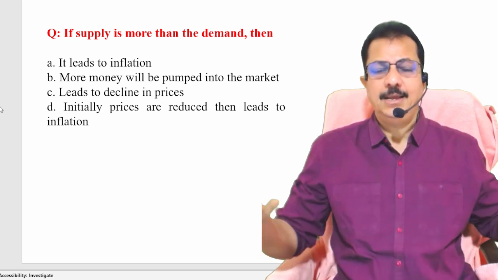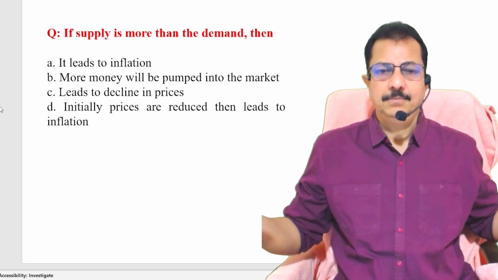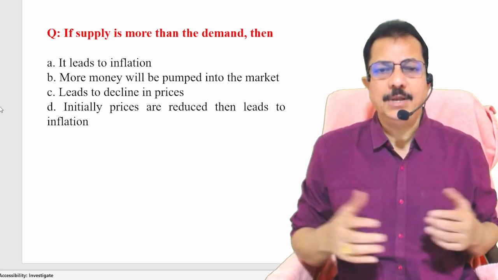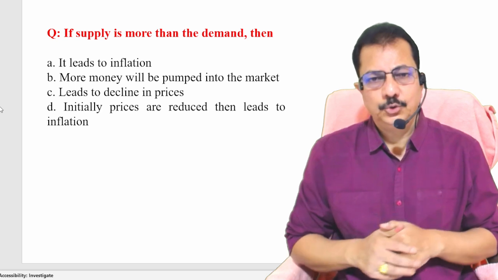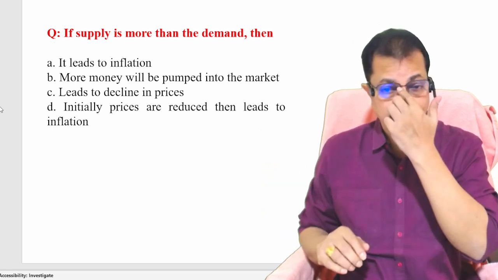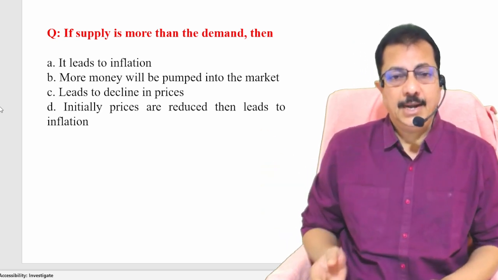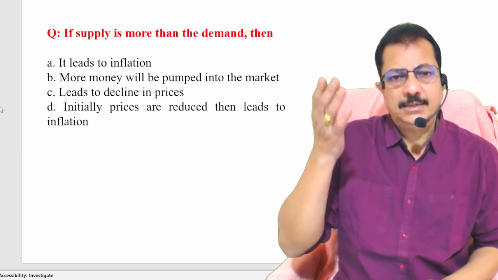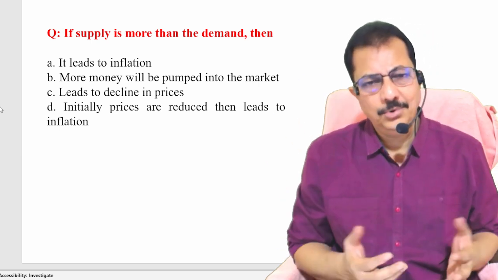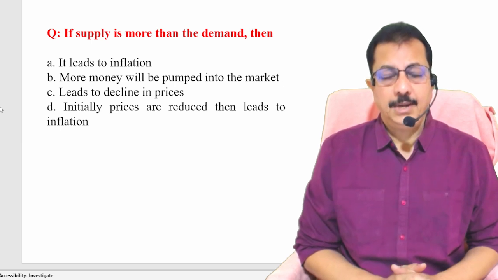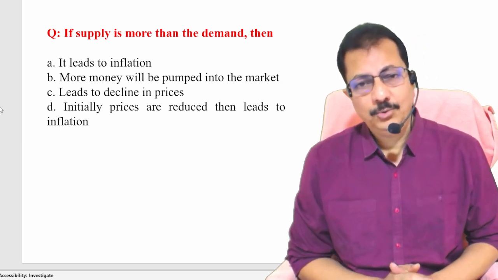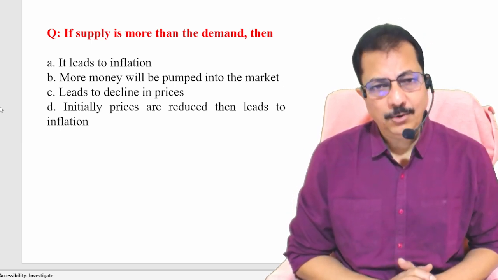So in India at the time, there was surplus food grain production. Then what will happen now? You cannot store the food grains just like that. And unlike today, at that time we did not have so many warehouses or godowns. So at that time you have to send it to the market and sell it.